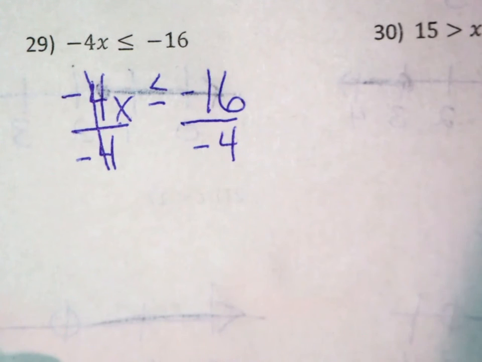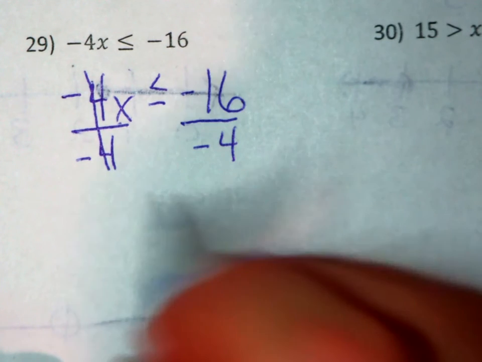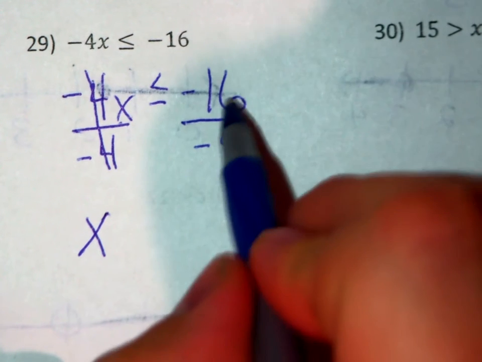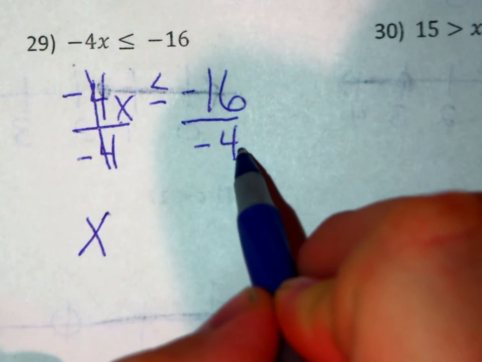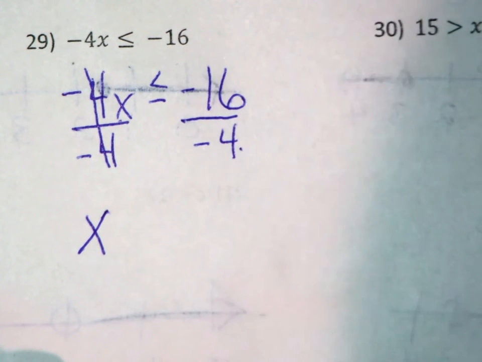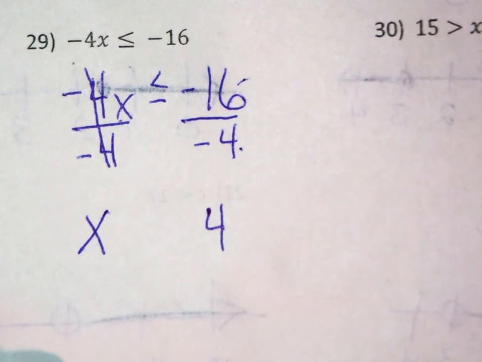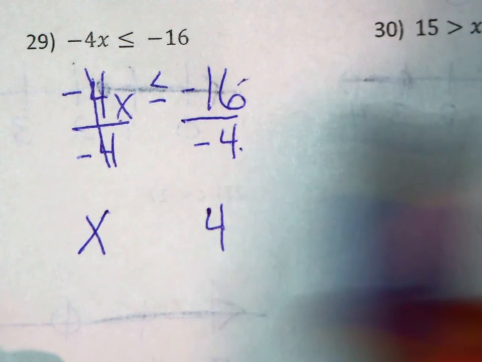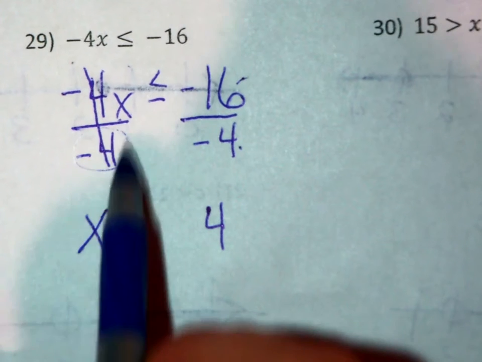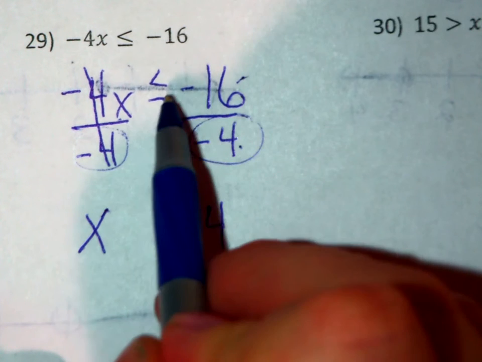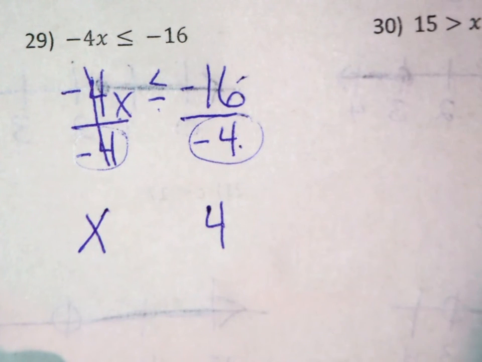Negative 4 divided by negative 4 is 1, so that will give me 1x, or we can just call it x. Negative 16 divided by negative 4 is now a positive 4, because a negative divided by a negative is positive. And any time that we divide by a negative term in an inequality statement, we need to remember to flip the sign.